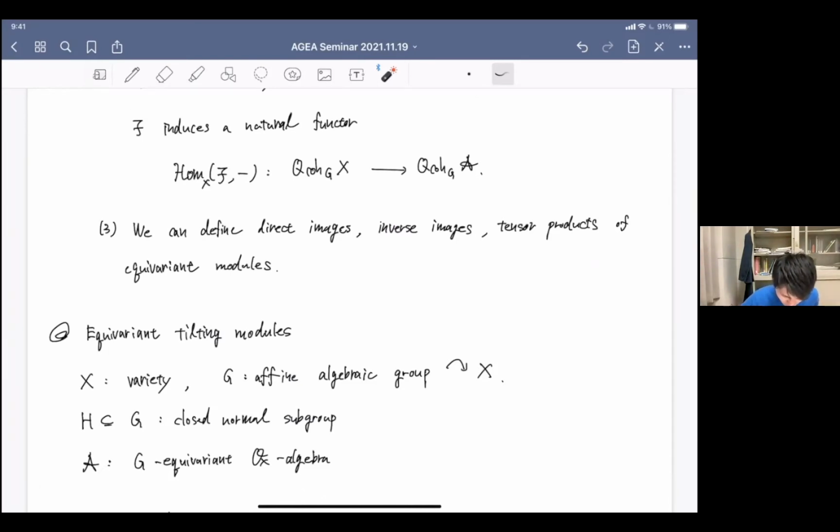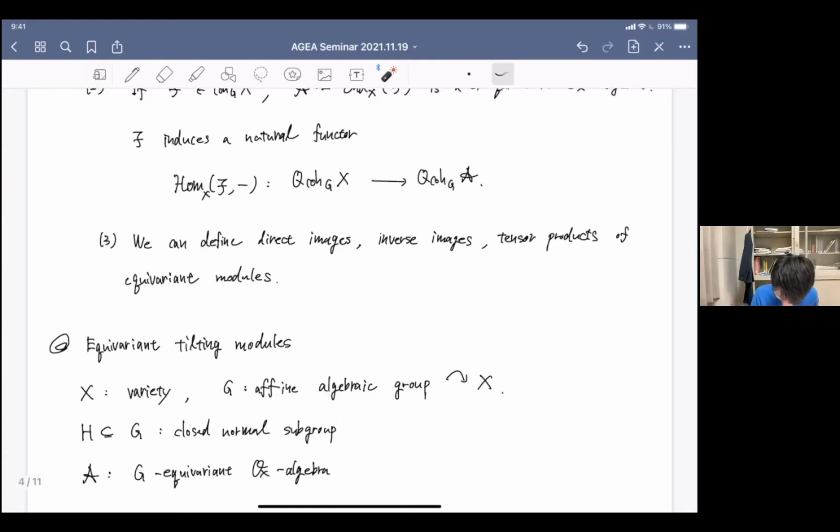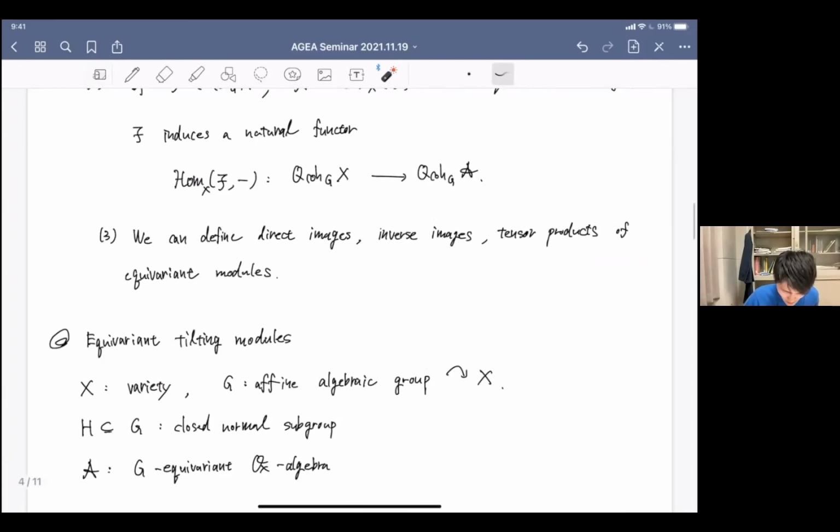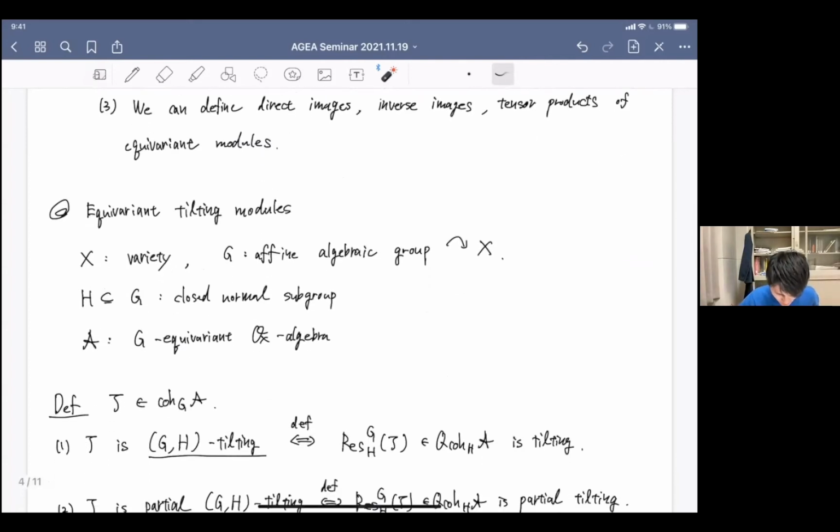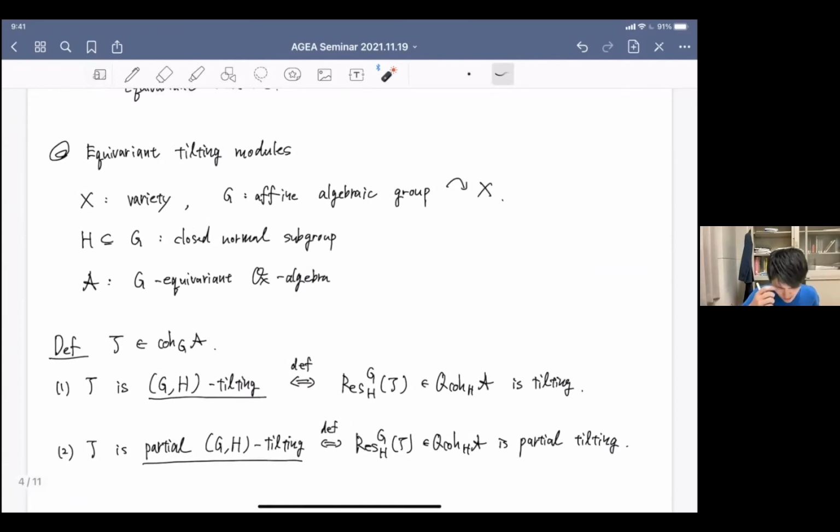Let X be a variety, and let G be an affine algebraic group acting on X, and let H be a closed normal subgroup of G, and let A be a G equivariant OX algebra. In this setting, let T be a G equivariant coherent A module.